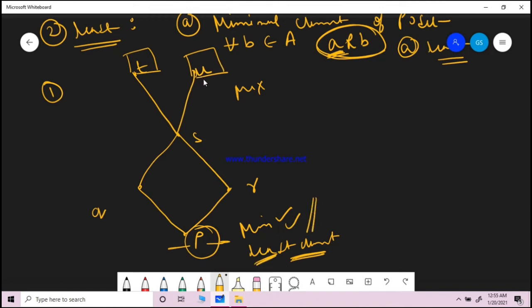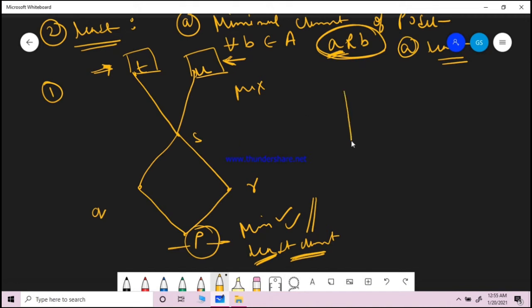And now you have to find out the maximal element. So we have two candidates for the greatest position. We have two candidates for the maximal position. In this case, we don't have any greatest element because these two are at the same level, and I cannot find one element out of these two and say that it is greatest.